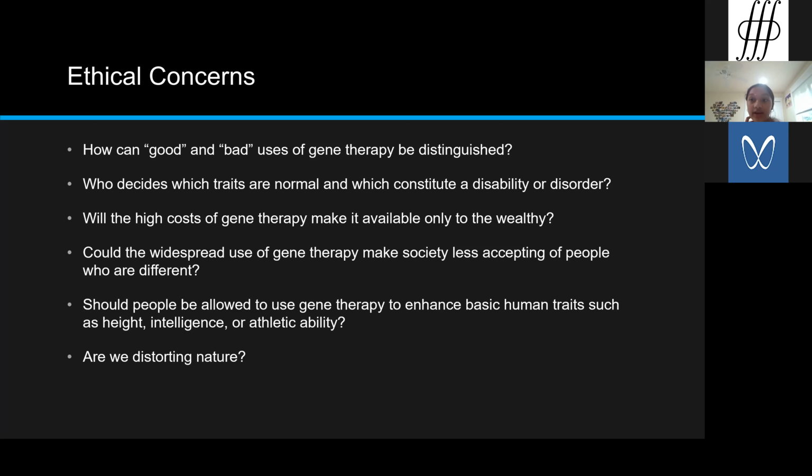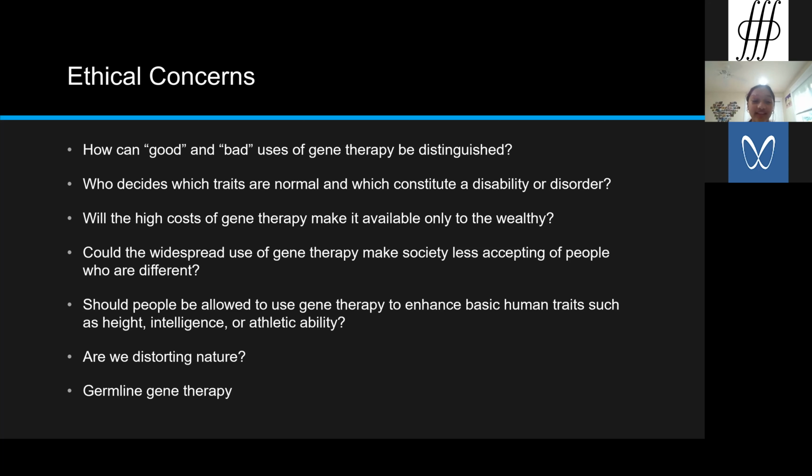And are we distorting nature, right? We were created so that we're all unique, and that's what our DNA does, that's what makes us all unique. And by altering that, are we distorting nature? Since we're all supposed to be unique, we're all going to end up being the same if we change parts of ourselves that we don't like, which is a really important topic.